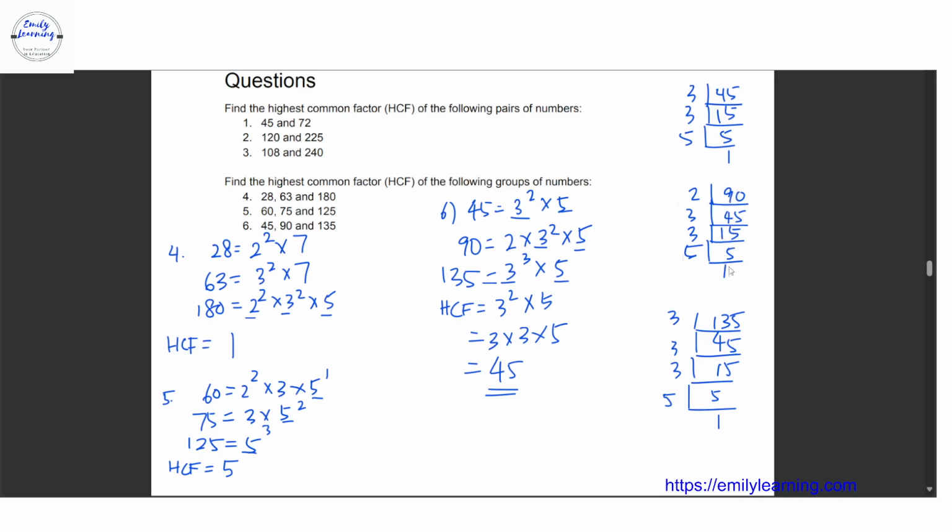All these numbers are also factors of 90, but not all the factors of 90, just some of them. All these numbers here are also factors of 135, some of the factors of 135. So if you look at here, I saw 45, 45, 45. So at one look, you know very likely the highest common factor is 45. And when we do the prime factorization, we notice that the highest common factor is 45.